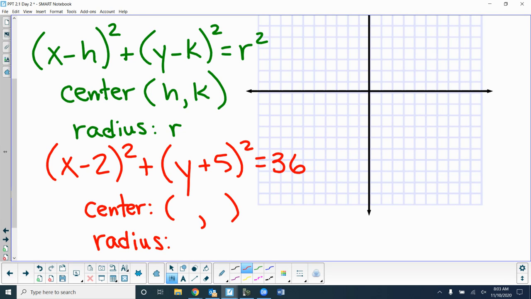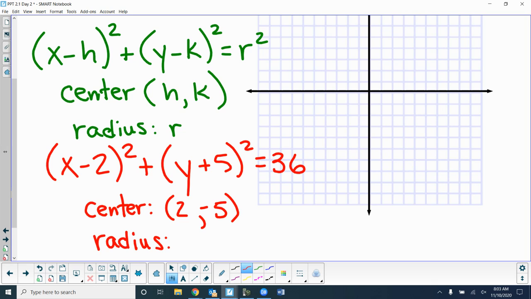Anybody? 2, negative 5. Very good. Basically the opposite. Opposite of negative 2 is 2. Opposite of plus 5, negative 5. It's what makes that 0. 2 minus 2 is 0. Negative 5 plus 5 is 0.